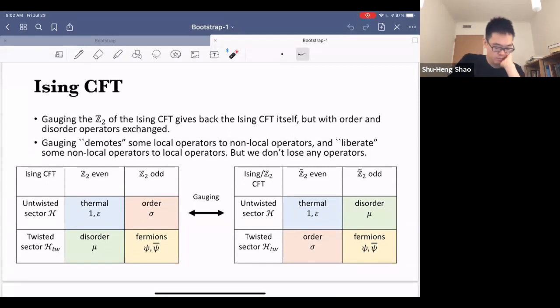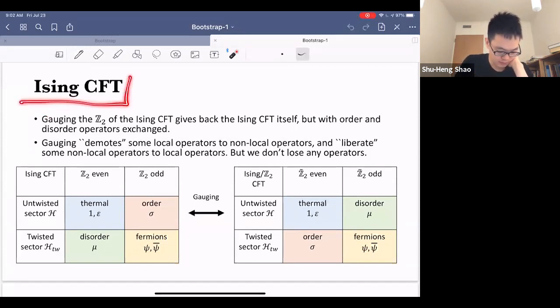All right, so let me briefly say a little bit about what we discussed yesterday. Yesterday we started talking about Z2 global symmetries in 1+1D and how to gauge it if we could. The simplest example is to consider the Ising CFT.